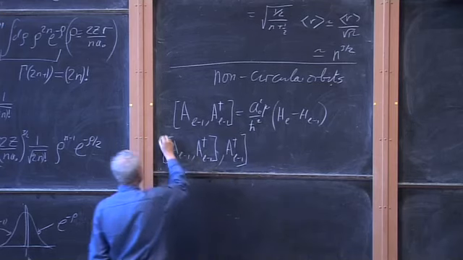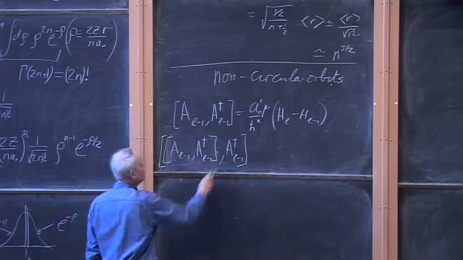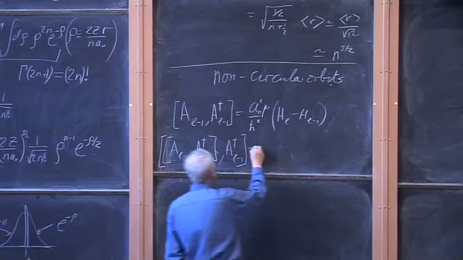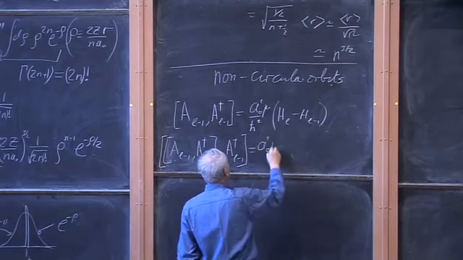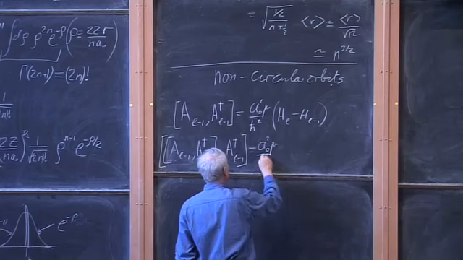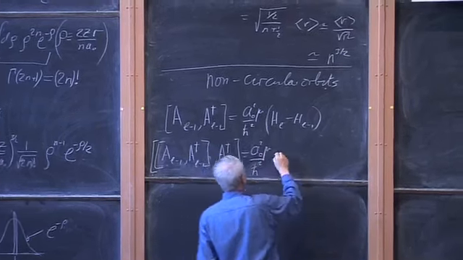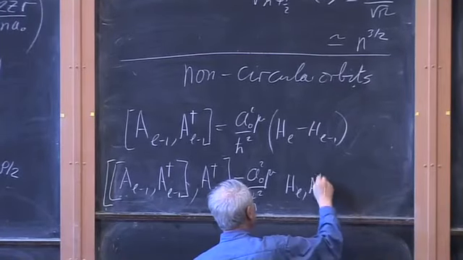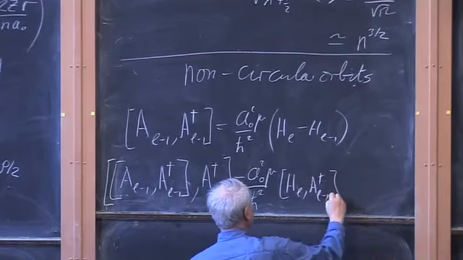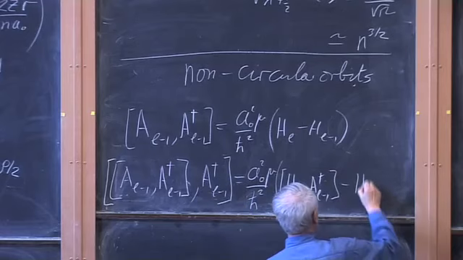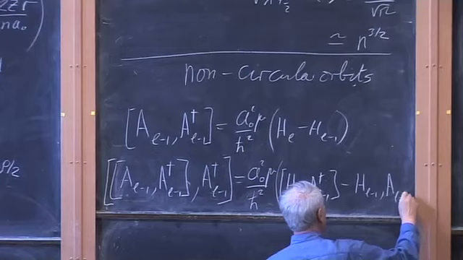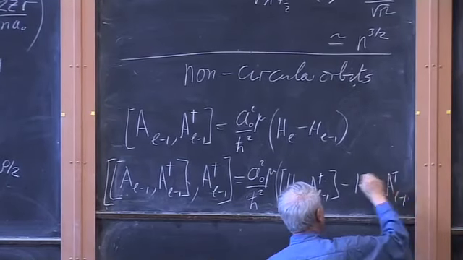So that's the left side of the equation commuted with AL minus 1 dagger. And that's going to be boring constant times HL, AL minus 1 dagger, which is what I want, minus HL minus 1, AL minus 1 dagger.